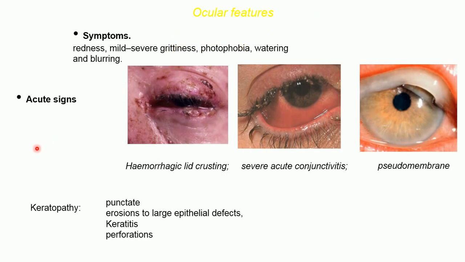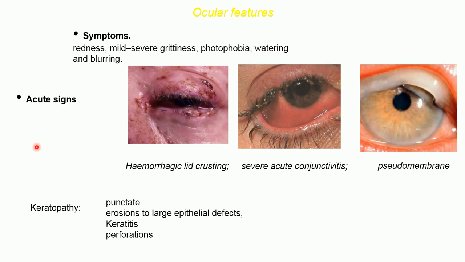Now the ocular features. In the acute stage, there are often practical obstacles to standard slit lamp examination, as the patient may be bedridden, may undergo barrier nursing, so a portable slit lamp may be helpful. The symptoms are acute redness, mild to severe grittiness, photophobia, watering, blurring.